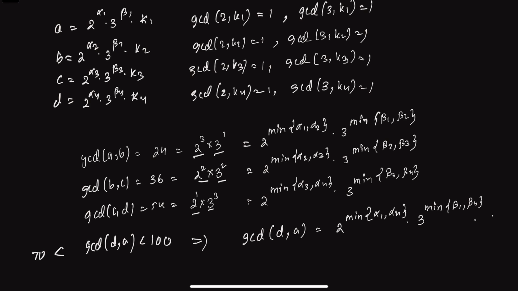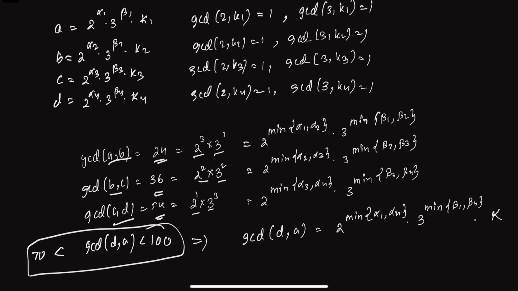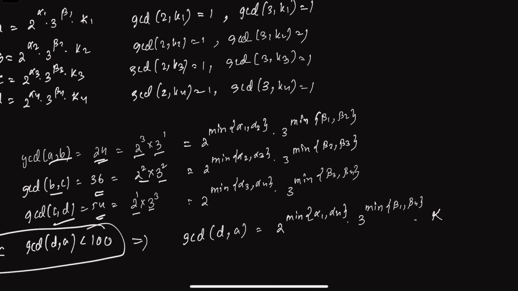But apart from 2s and 3s, we can also have something in common which we don't know. If we consider GCD of A, B, B, C and C, D, we are explicitly given 24, 36 and 54 as their GCDs, so there won't be any common factors apart from 2s and 3s. But in D and A, we are just given the range from 70 to 100. So there can be a common factor k such that the GCD of 2 and k is 1 and GCD of 3 and k is 1.